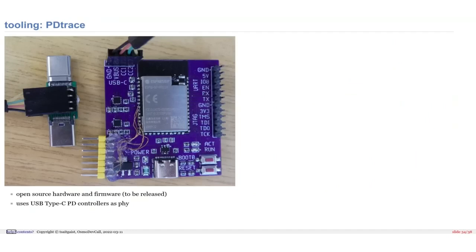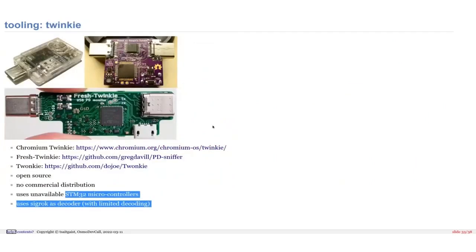I don't mean that you cannot use them commercially. It's just that I haven't found a shop which sells these things. You can build them yourself, they are open source. It's just that the chips are not available.